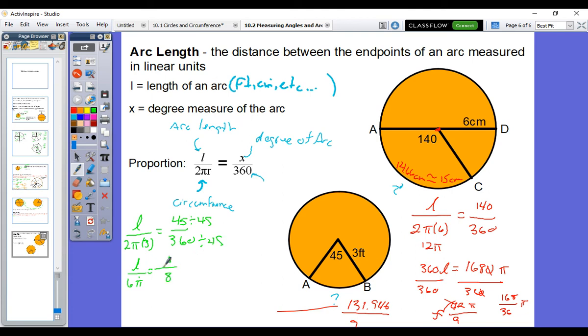All right, so now if we cross multiply, we end up getting 8L equals 6 pi. Divide by 8. Arc length equals 6 pi over 8. That can reduce by 2. We end up getting 3 pi over 4.